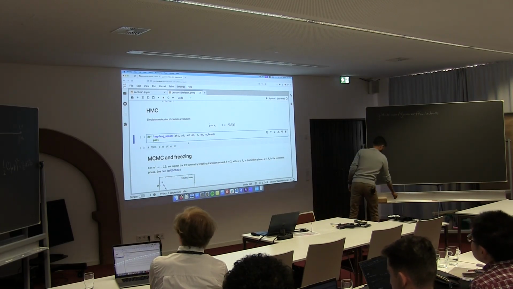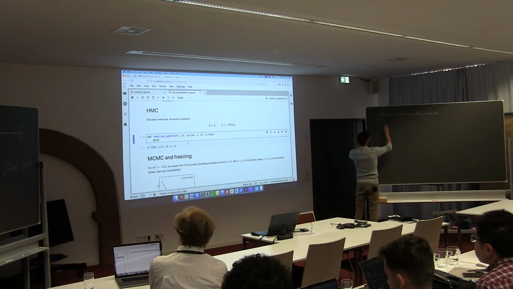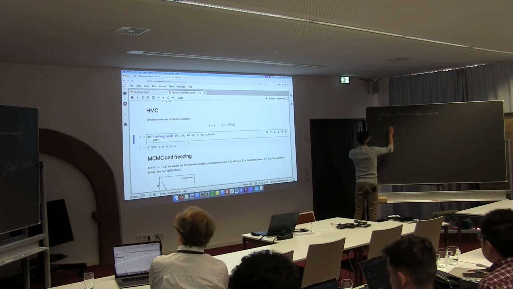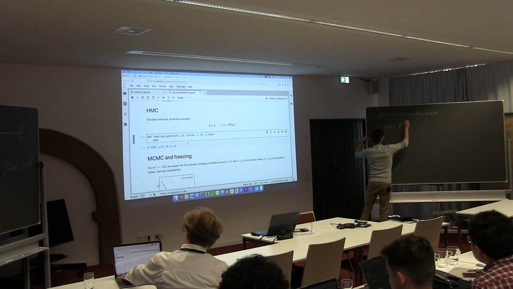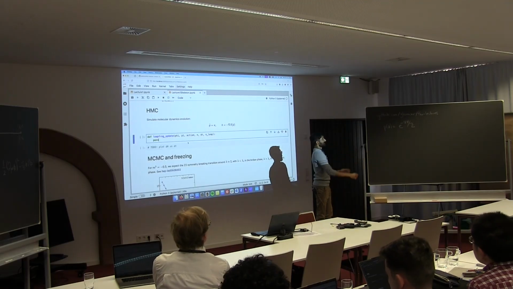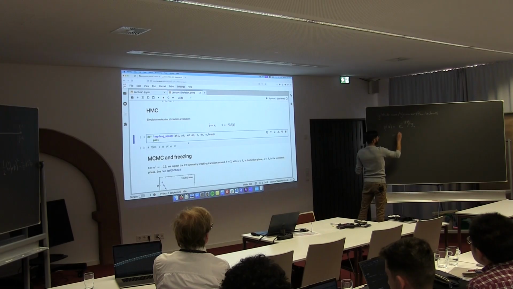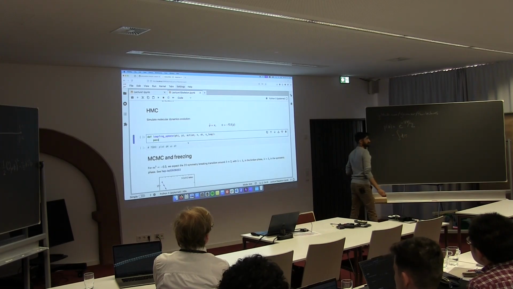But what I will say is, effectively, if I want a sample from this distribution, e to the minus action normalized by my partition function, this is the same thing as integrating over a field that I'll call pi.